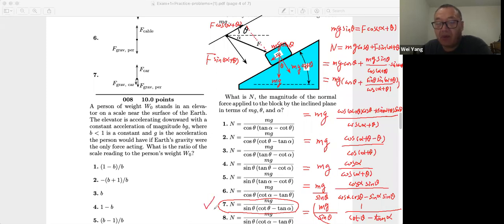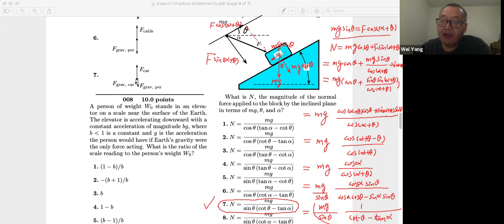So by solving this problem, we can say the concept is very easy. This block moves up at a constant rate. So that means the sum of the forces in the parallel direction on this surface is the same, so we can get this equation.